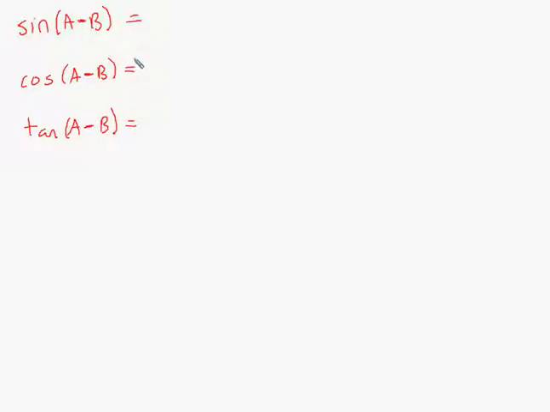Alright, so in the sum formula for sine, it was sine of the first thing, cosine of the second thing. So that stays the same, but then we had a plus, but here we're going to have a minus. Cosine, when we had the sum formula, was cosine of the two, and then minus the sine of the two.